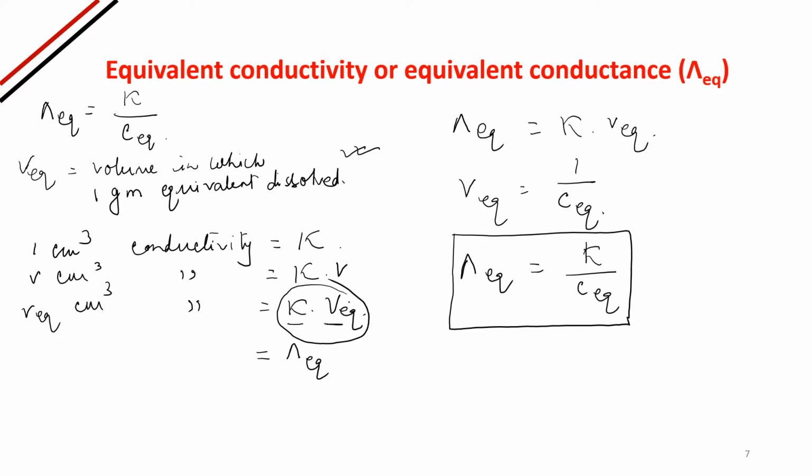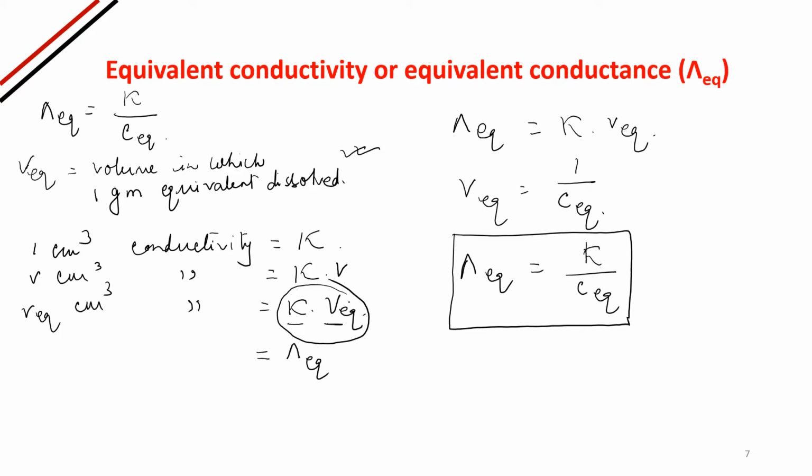But before that, I want to tell you something here. When this equivalent conductivity or equivalent conductance is coming, in order to compare quantitatively the conductivity of electrolytes, a new quantity has been introduced.